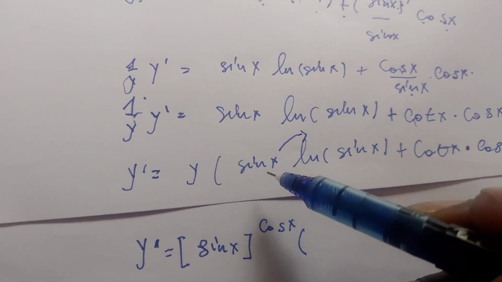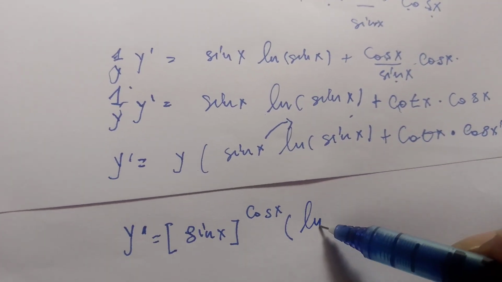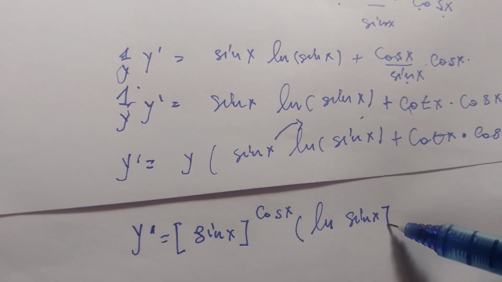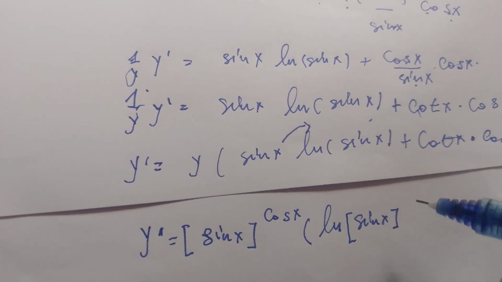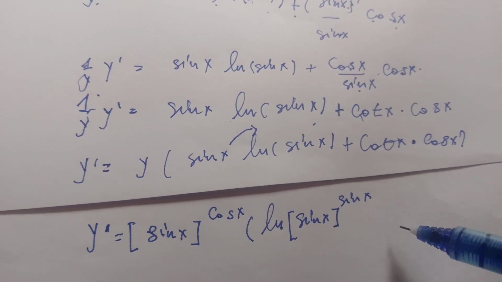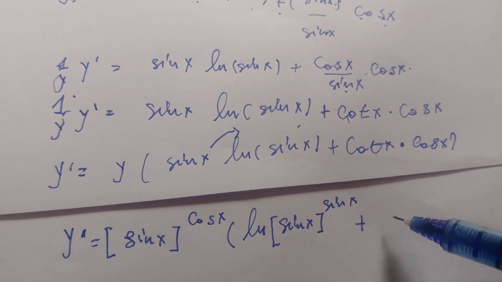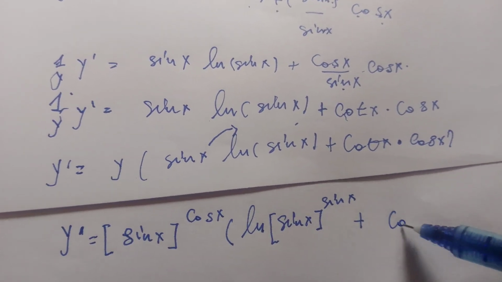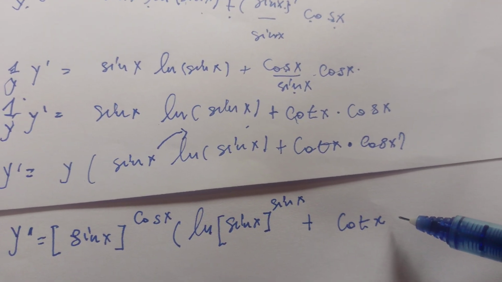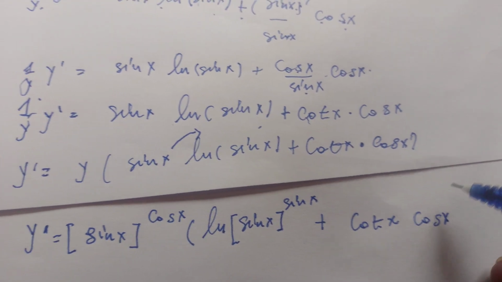So you can bring this sine x here, like ln sine x to the power sine x, then plus cot x times cosine x.